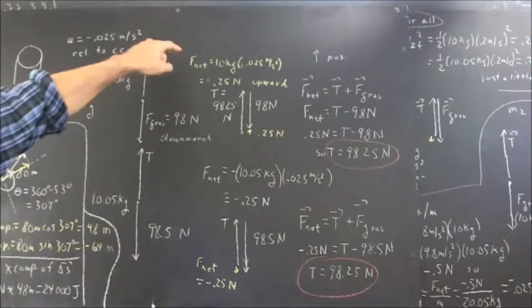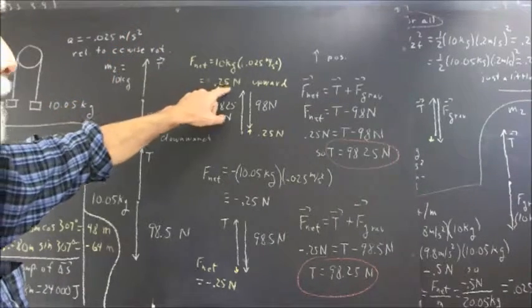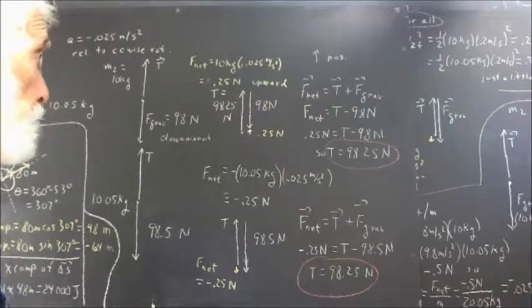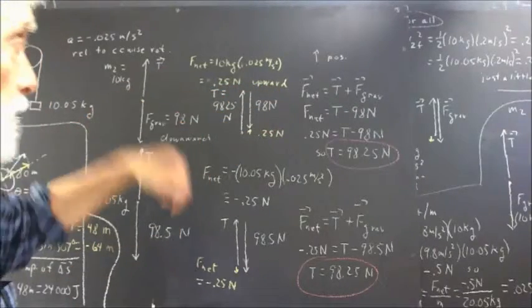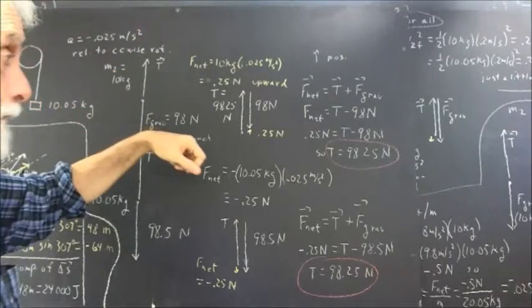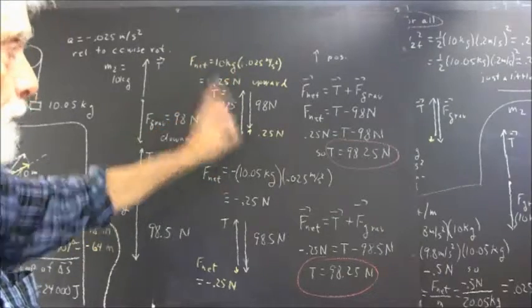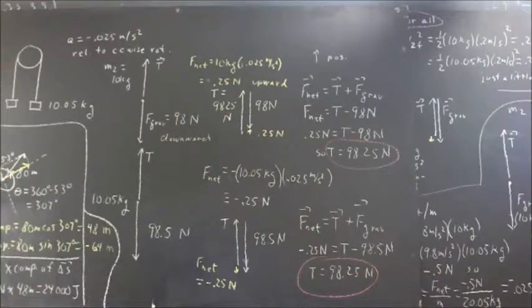The net force on the 10 kilogram mass is in the upward direction, 0.25 newtons. Now, before we had downward as the positive direction, so we could say that's negative 0.25 newtons, but knowing it's 0.25 newtons upward is sufficient to draw our picture. Actually, we're being a little inconsistent here, so let's get the signs straight.